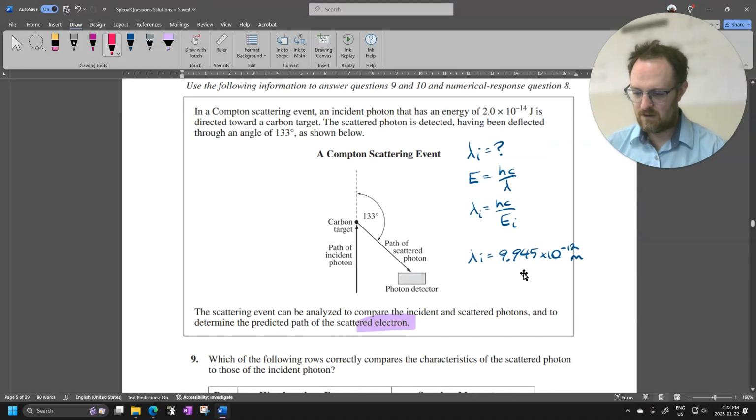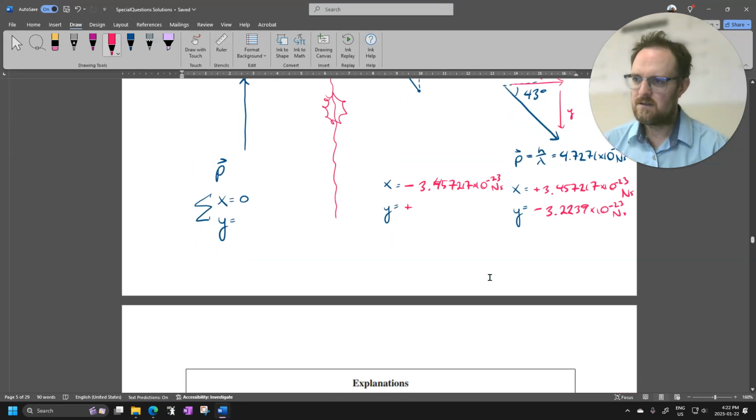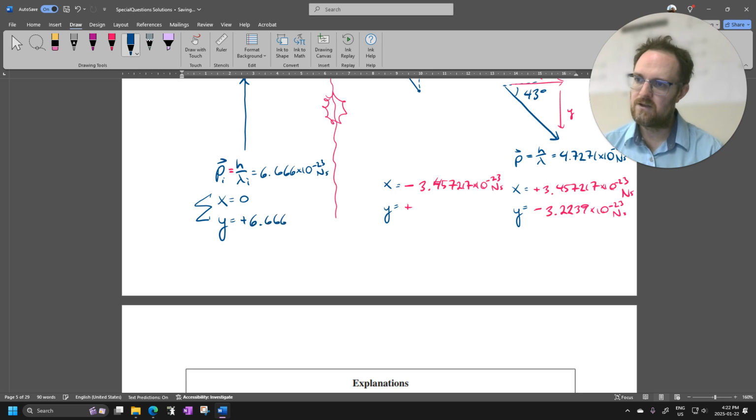So h over the wavelength gives me 6.666666666. Again, I just want h over lambda. This is my initial. To find that initial, 6.6 repeating times 10 to the negative 23. You can see that the momentum did go down, so that's a true statement from before. And this is all in the y direction.